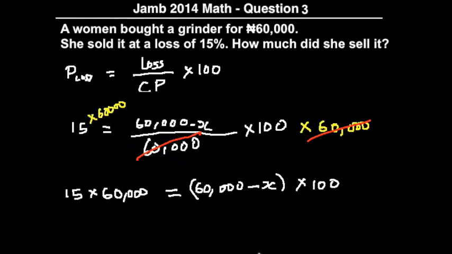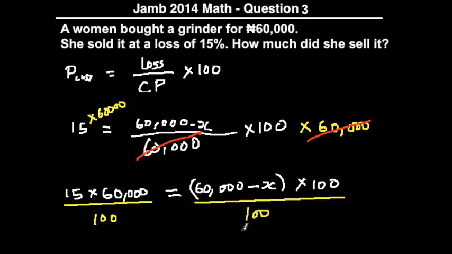So again, our goal is to isolate the x. So what we're going to do is we're going to divide both sides by 100. This allows us to cross out the hundreds on the right side of the equation, which leaves us with 60,000 minus x on the right side of the equation, and 15 times 60,000 divided by 100 on the left side of the equation.